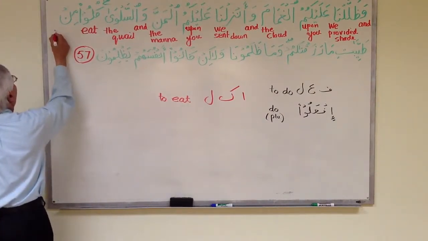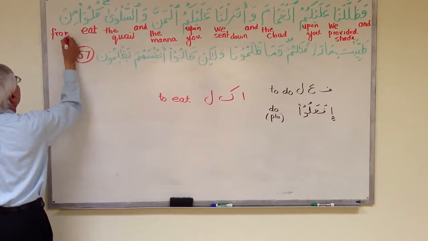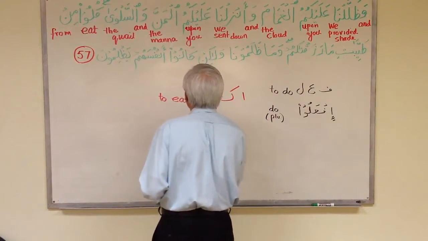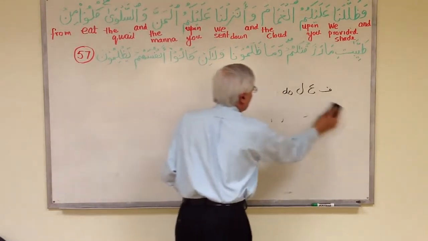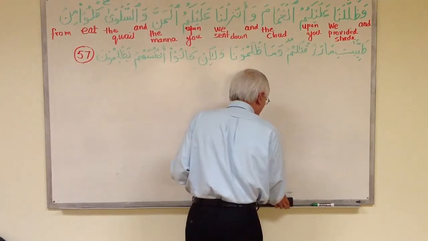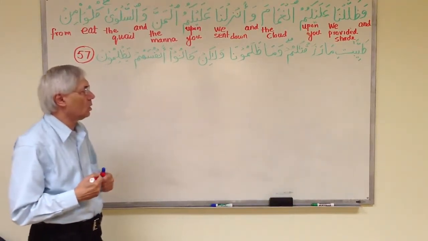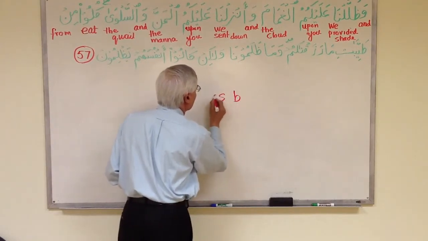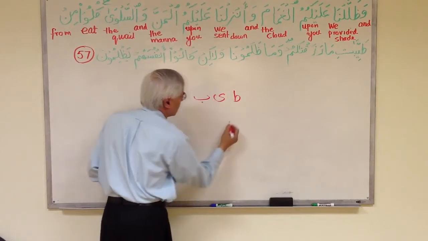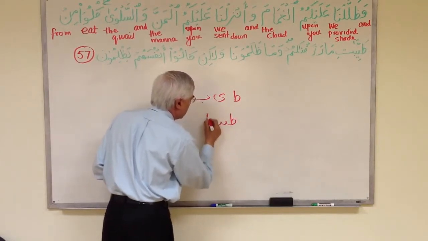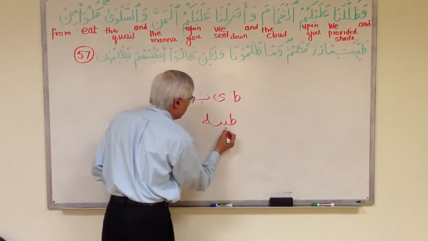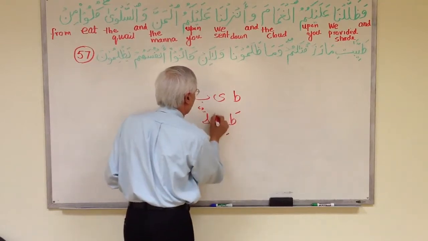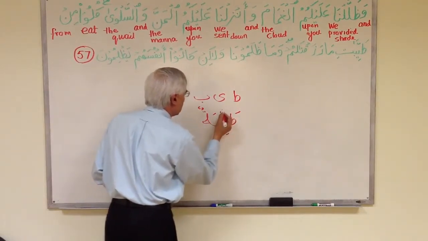Min means from. Now the next word starts with ta, ya and ba, and the word is tayyibatun. Tayyibatun means pure.